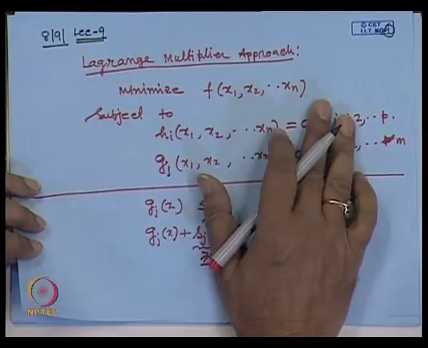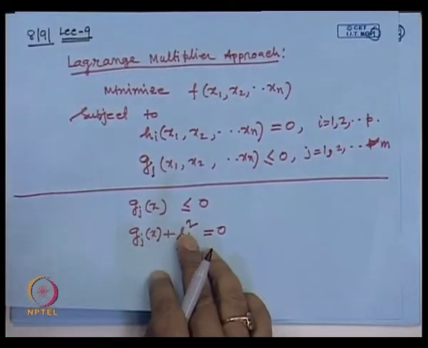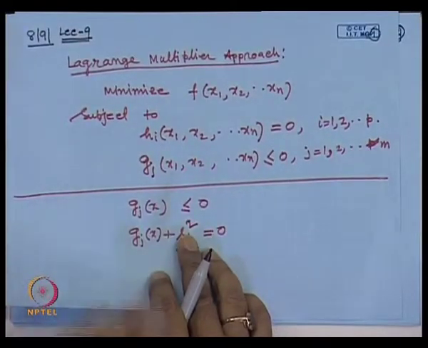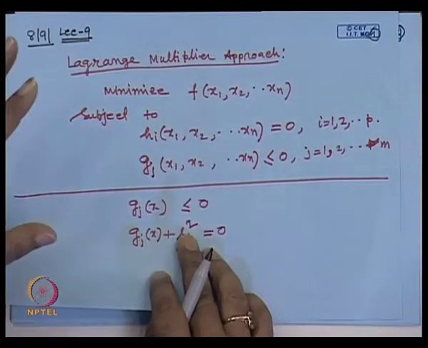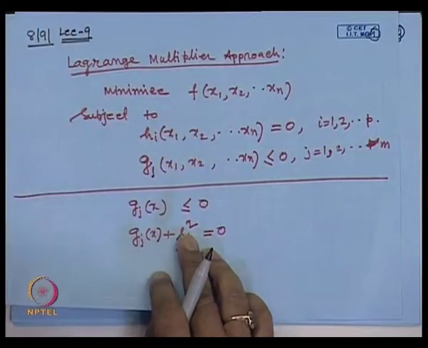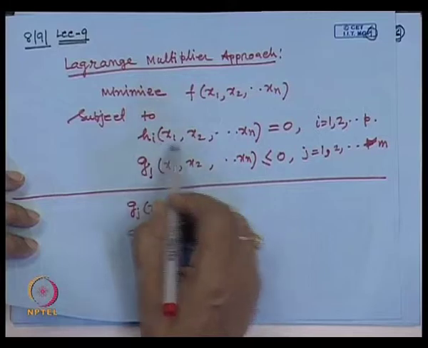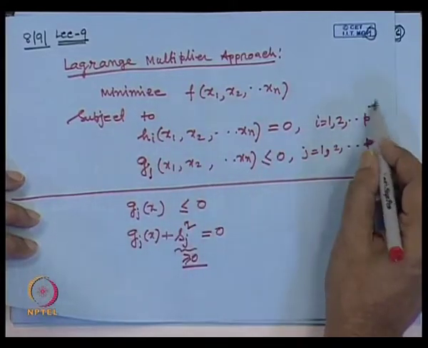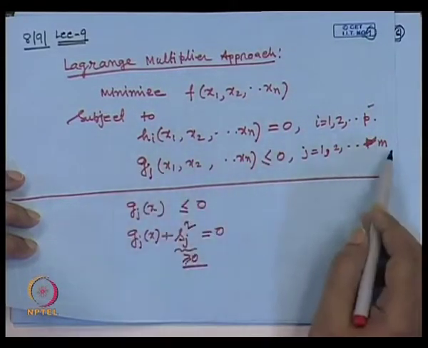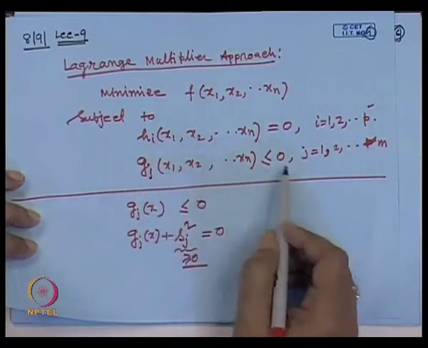Agree? If a regular point is there, that point must be in the feasible region, the design space, because it must satisfy all these equality and inequality constraints. We have p equality constraints, and out of the m inequality constraints, there may be a small l equality constraints.